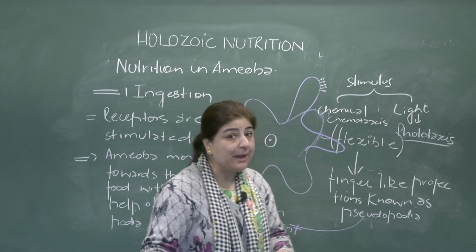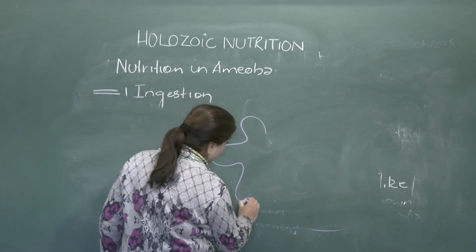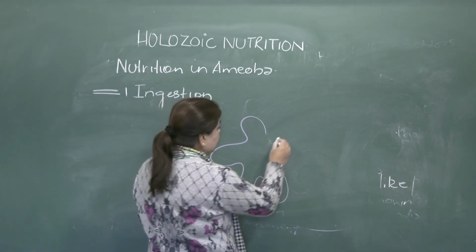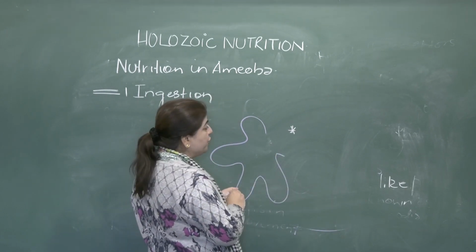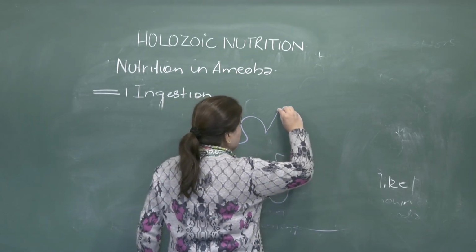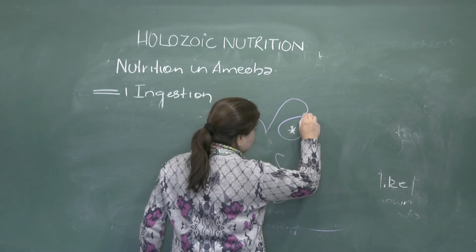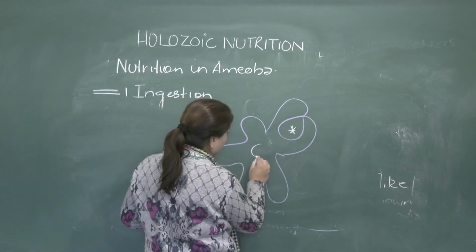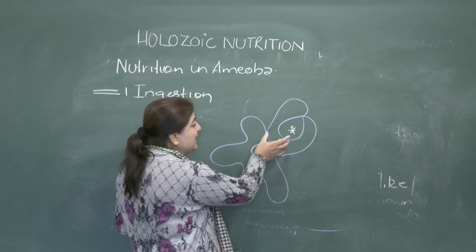Now let's see what happens after that. Once this amoeba reaches the food, now this is the foodstuff, the amoeba reaches the food with the help of the stimulus. Firstly, it traps the food, then it encircles the food.